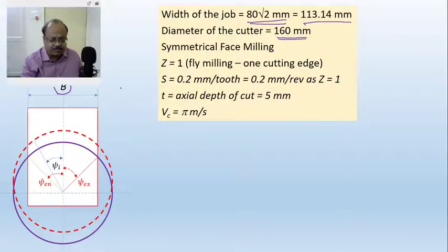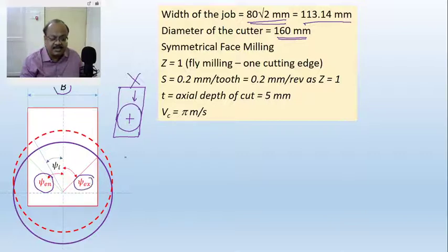In the earlier problem, we assumed that the width of the job and the diameter of the cutter were the same. That is not the case in the present case. They are different. However, this is a symmetric milling, meaning that exit angle and entry angle are numerically the same. It also means the axis of the cutter and the symmetrical line of the job coincide.